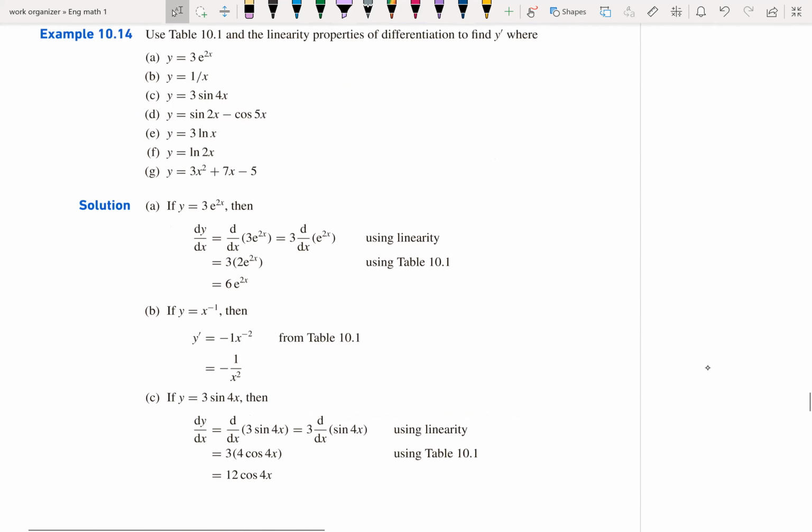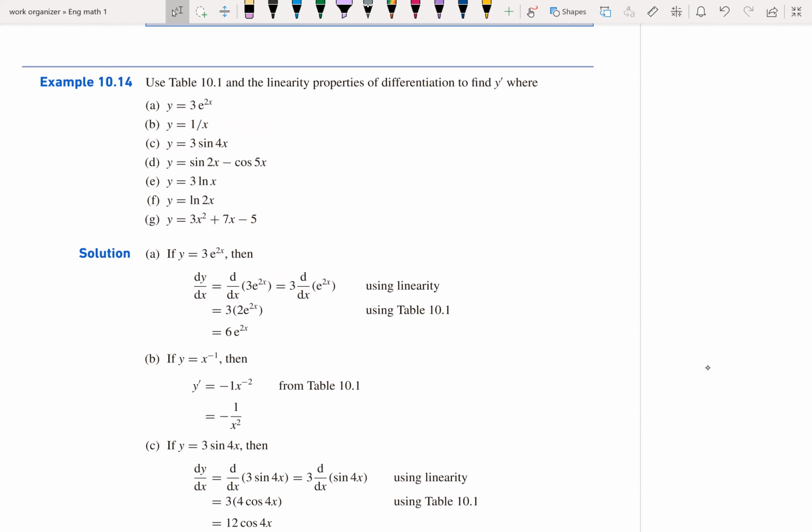In this example, use table 10.1 and the linearity properties to find the y prime. So always check the linearity property. First, check the constant.